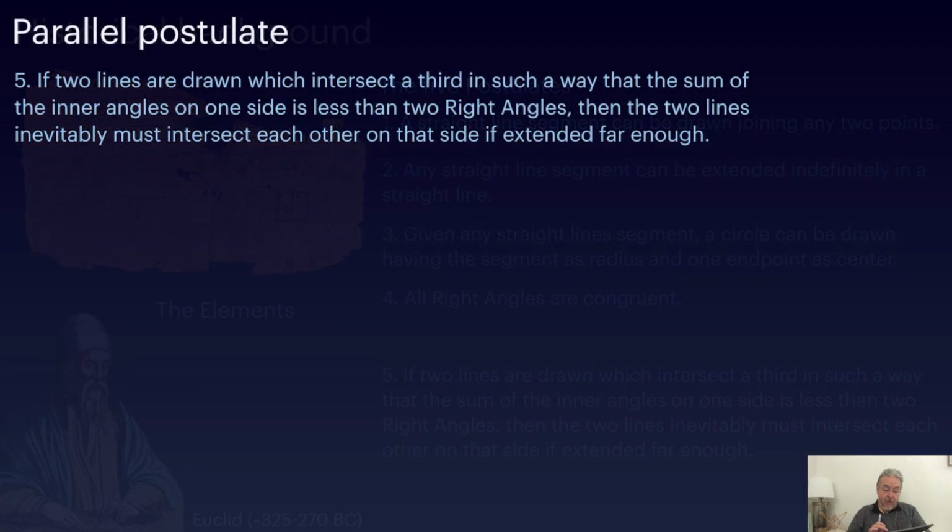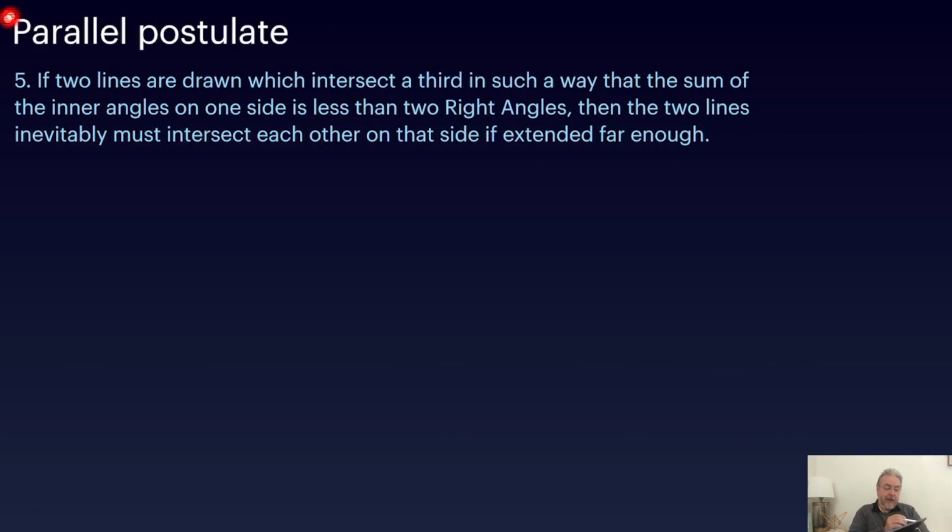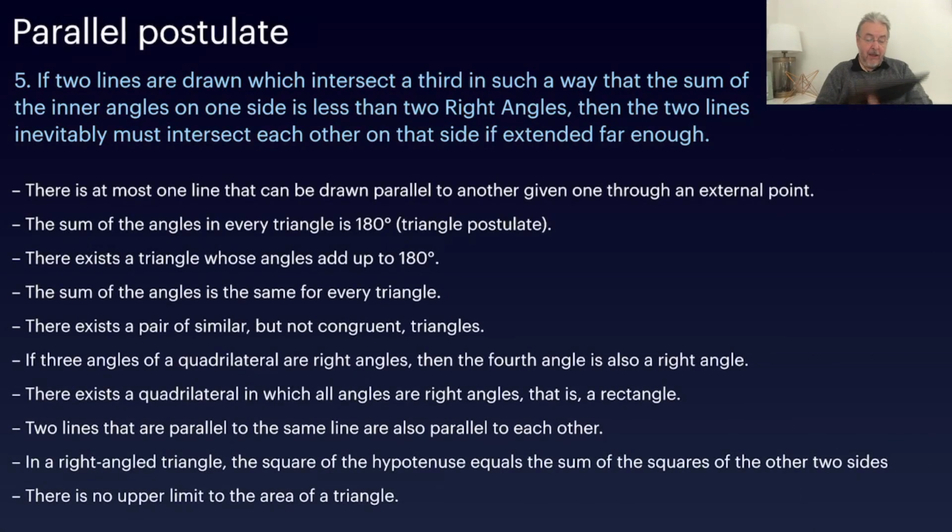Let me first give you a few reformulations of that, and here I call it the parallel postulate because it's best expressed in terms of parallels. I give you a whole bunch of equivalent formulations. The most prominent one of them is perhaps the first one.